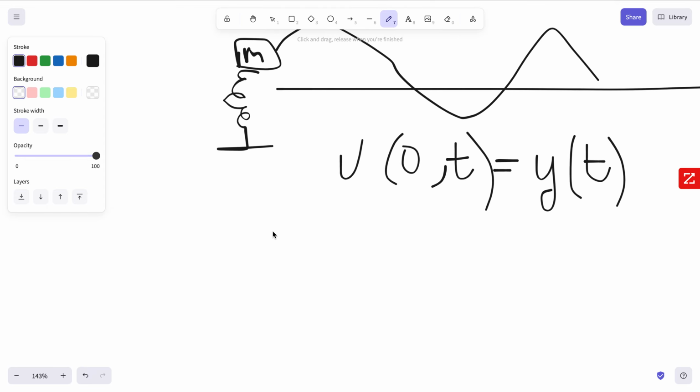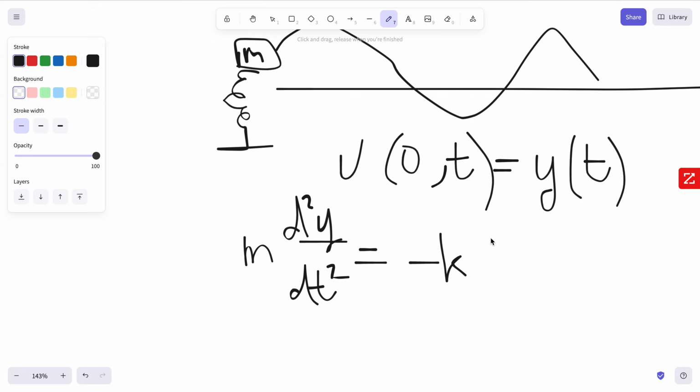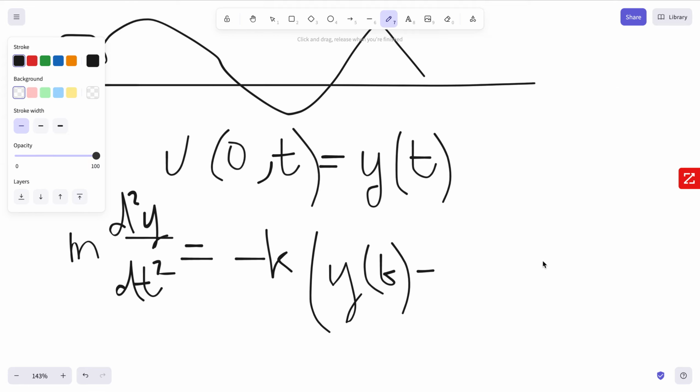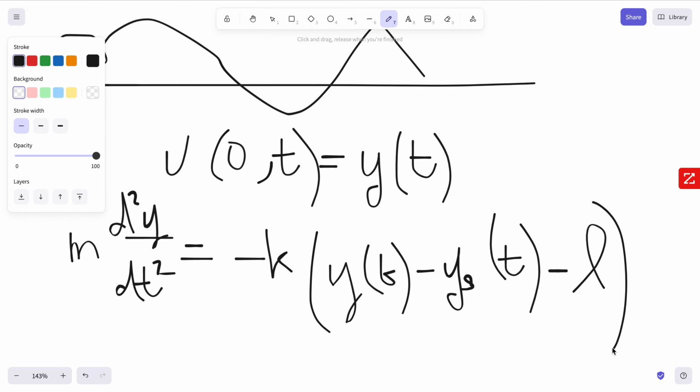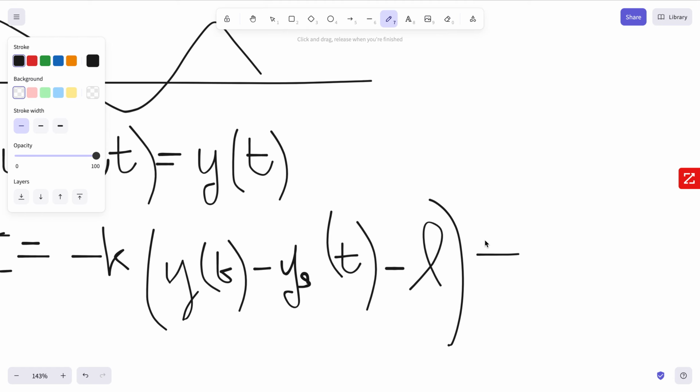Hooke's law, which can be written as m d²y/dt² equals minus Hooke's constant k times y of t minus y sub s minus the equilibrium position L, plus any other forces.